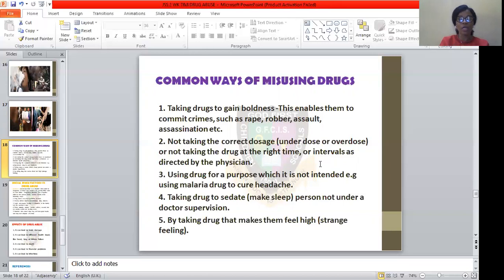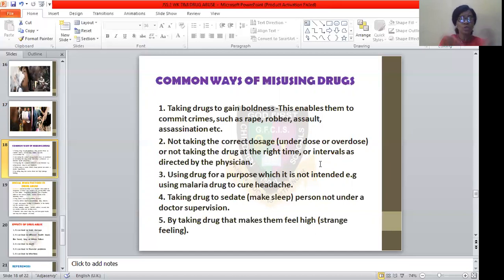Another way of misusing drugs is taking drugs to sedate, that is, to make you sleep. Like Valium, because you find it difficult to sleep, you go and take Valium and it will help you sleep, sleep, sleep. And do you know some people lost their life in the process? They sleep and never wake up. Like I said earlier on, when you are tired, you are not comfortable, please take a cold bath, take a beverage, or eat, or take some fruits and vegetables and relax.